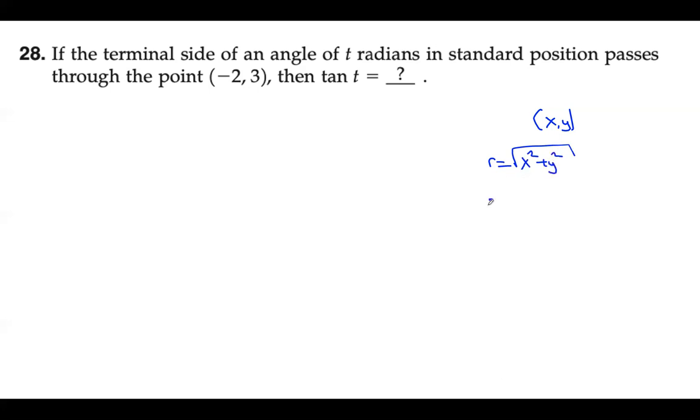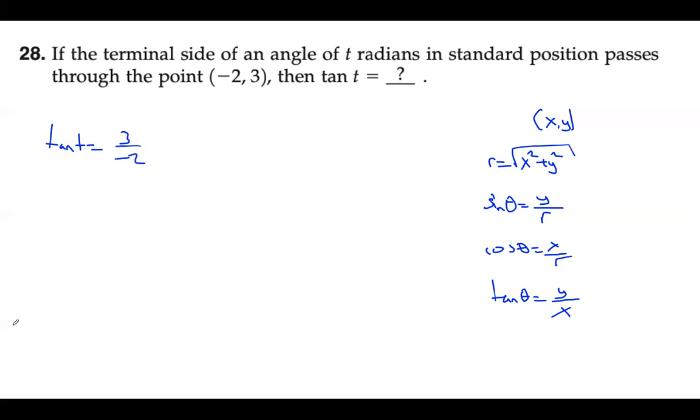And the next thing is sine theta is equal to y over r. Cosine theta equals x over r. And the last one, tangent. You know, tangent is sine over cosine. So if you cancel r, it will be y over x. So in this question, they want tangent t. What will it be? Y over x, which is 3 over minus 2.